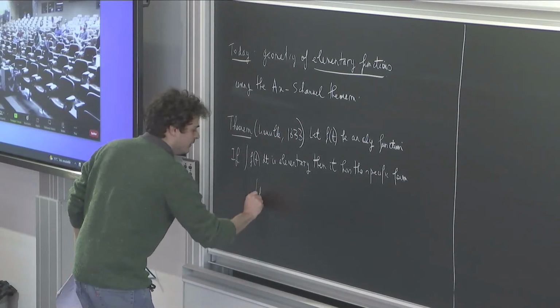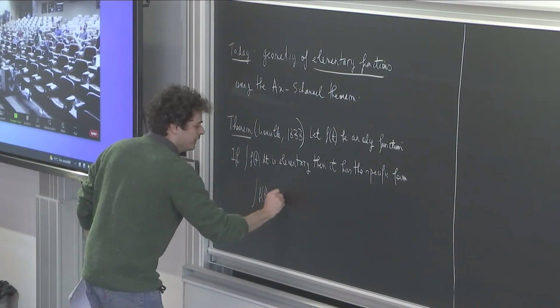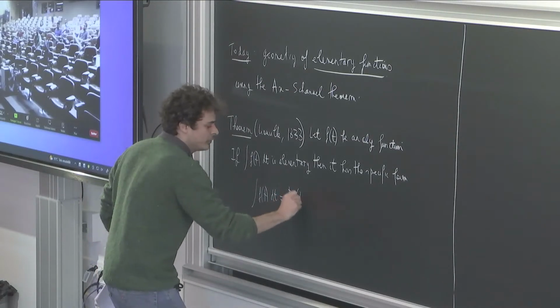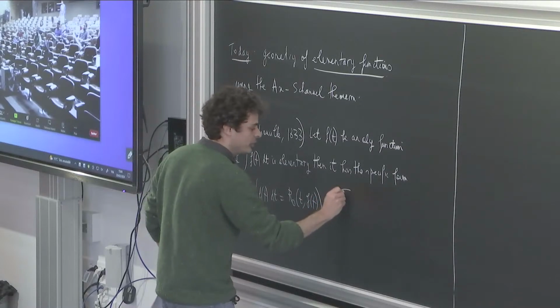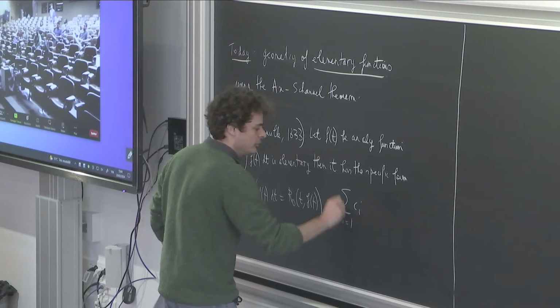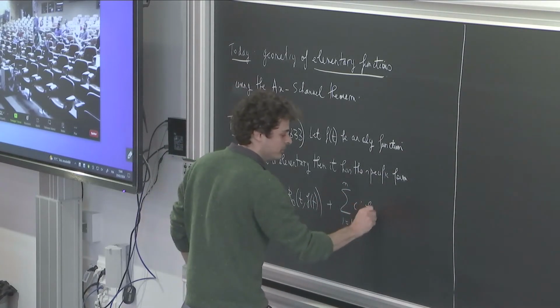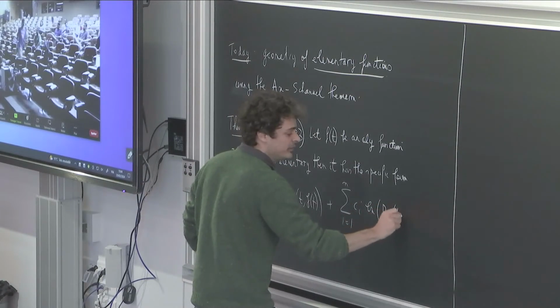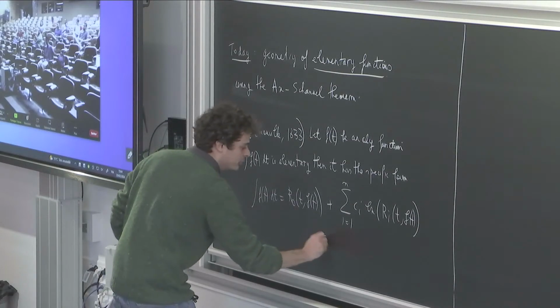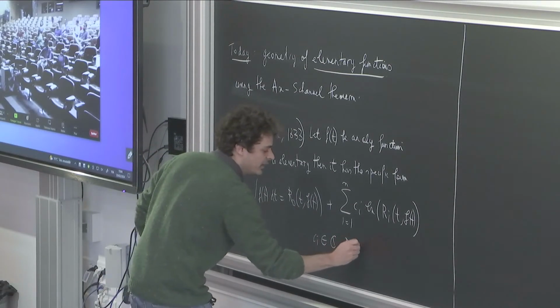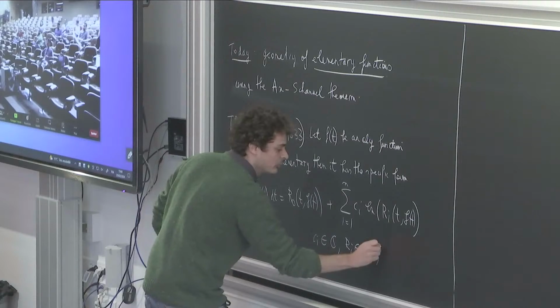This integral is given by a rational function of two variables applied to t and f of t, plus a weighted sum of logarithms of functions that are, again, rational functions of t and f of t. The c_i are constants, and the r_i are rational functions of two variables.